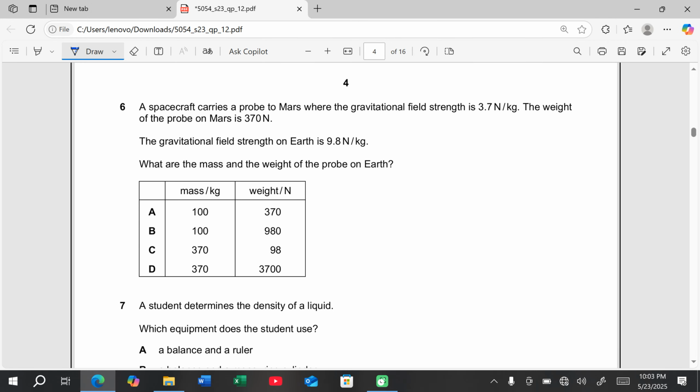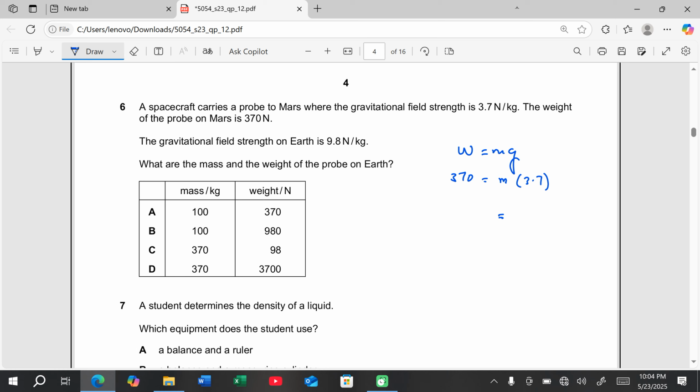A spacecraft carries a probe to Mars where gravitational field strength is 3.7 and the weight of the probe on Mars is this. Gravitational field strength on the Earth is this. What are the mass and the weight of the probe on the Earth? That's very easy. I'm going to use W equals mg for Mars to get the mass. So that's 370 equals m into 3.7.